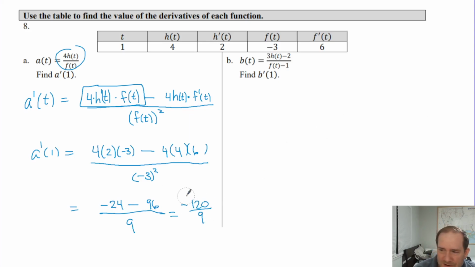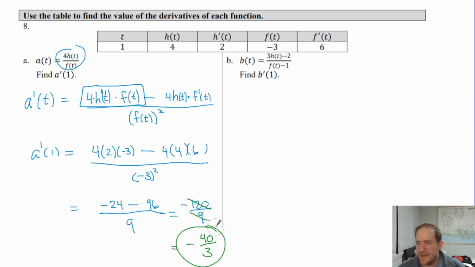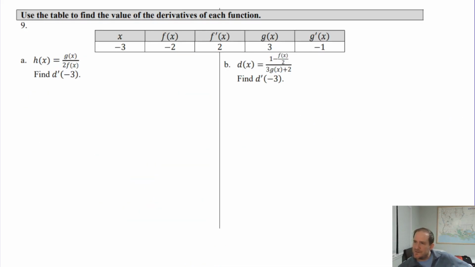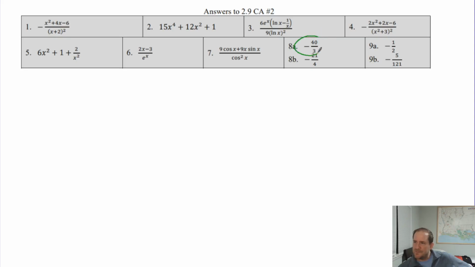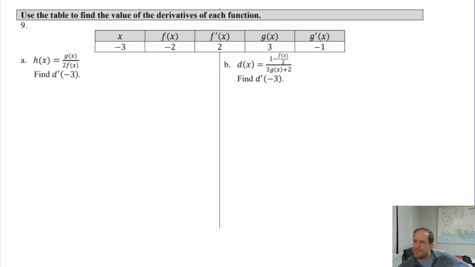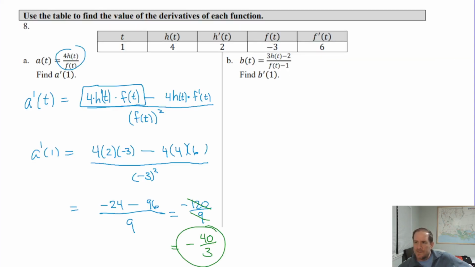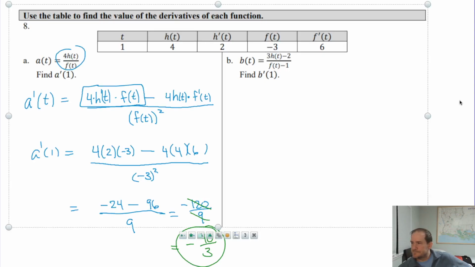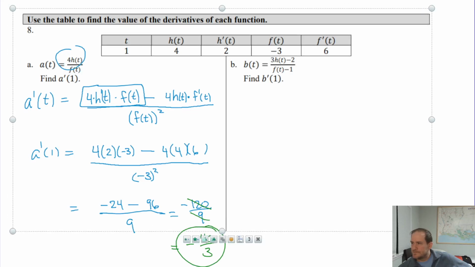And I do expect fractions reduced, so it should be pretty obvious that both of those are divisible by 3, and you now have negative 40 in the numerator, 3 in the denominator, and you can't go any farther than that. Is negative 40 thirds correct? Drum roll, please. It is. All right, great. So that means we can do B now, and then we can be done.